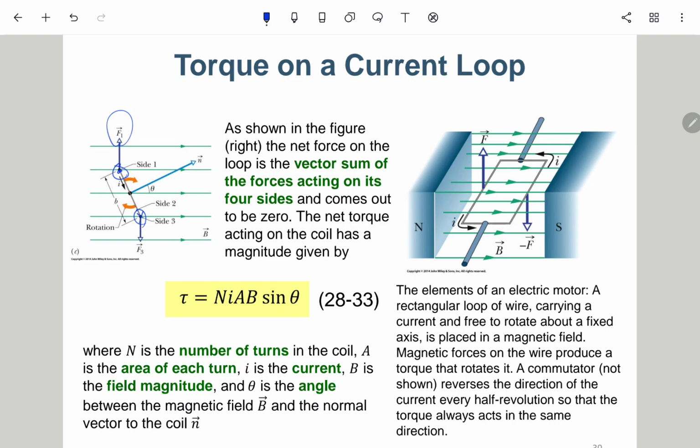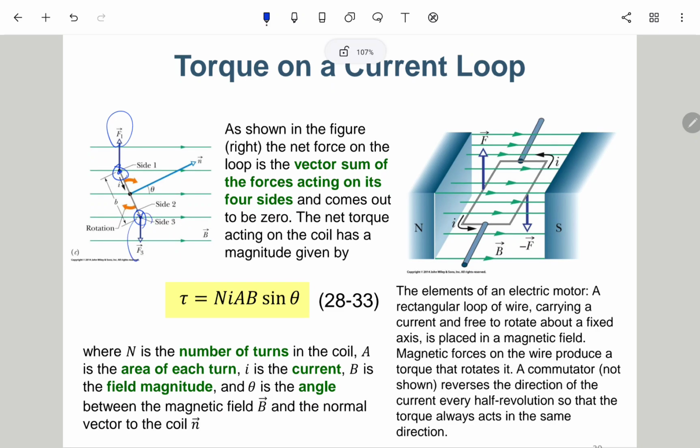So you use your forefinger pointing into the page and then cross to the right side, your thumb is pointing downward. So you have F3 pointing downward. And F2, F4 will be 0, because the B field and the current are parallel to each other. So we only have F1 and F3.